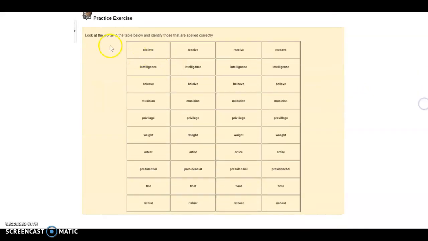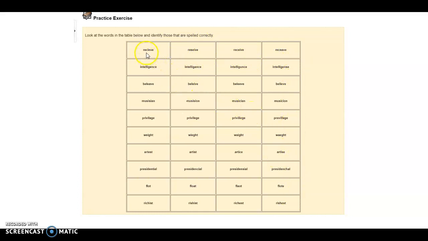And so they're going to give you a table here, and they're going to list some of the most common misspelt words. So it's going to say, look at the words in the table below and identify those that are spelled correctly. So some of these will be spelled incorrectly, and some of these will be spelled correctly.